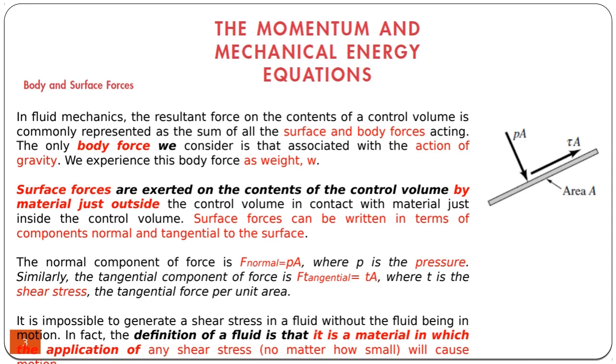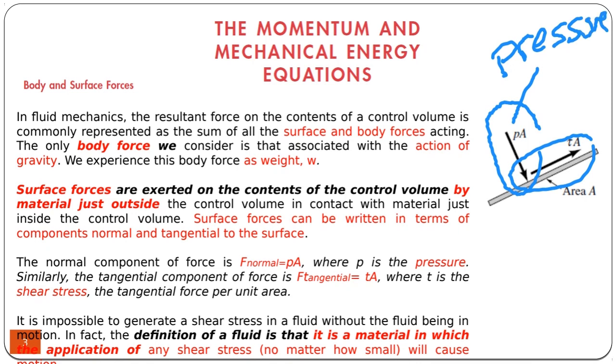Normally, if there is a motion in a fluid, then the forces may be either normal forces or tangential forces. Normal forces are actually the pressure forces, and tangential forces are shear forces.